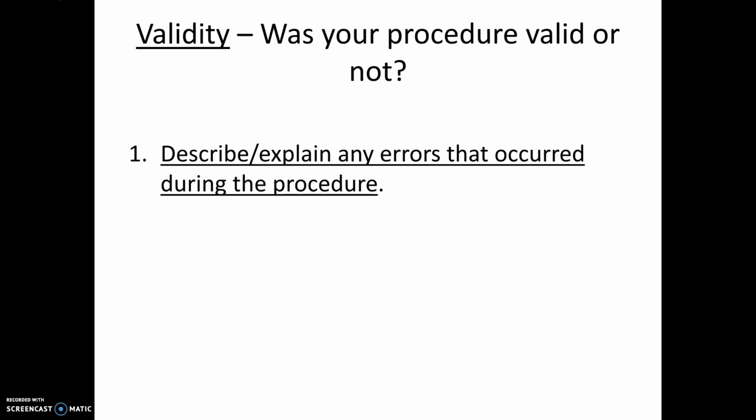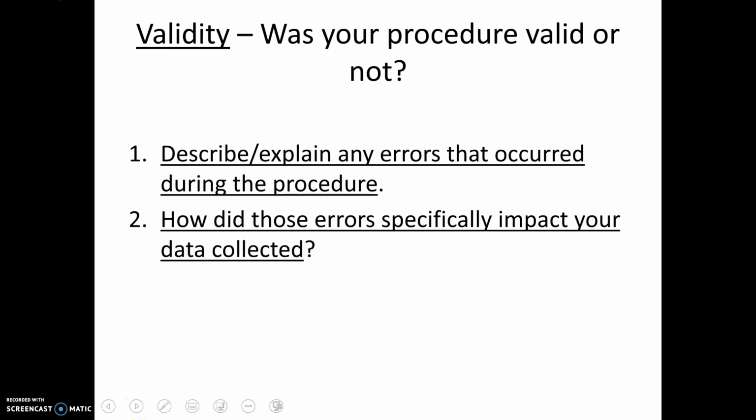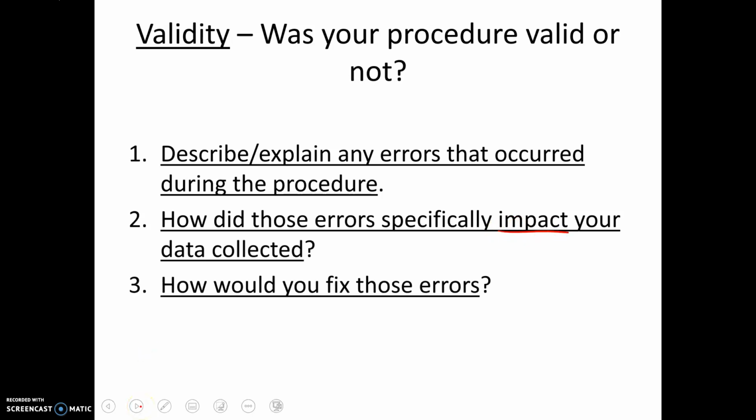So errors occur all the time in experiments, so it's really important to distinguish what those are. Within those, you're going to explain how did these errors impact the data collected? And then how would you fix those errors in the next experiment?